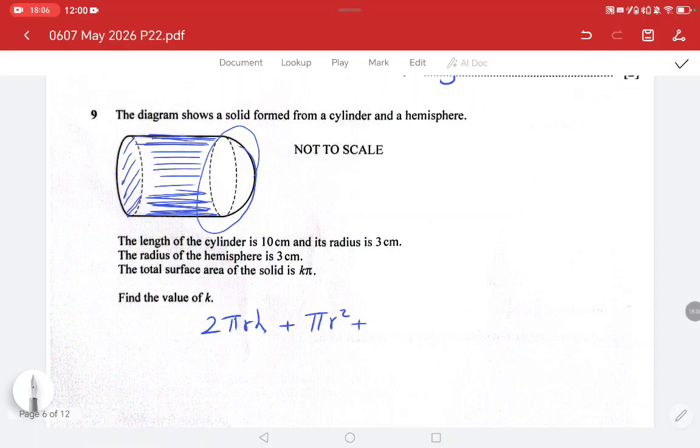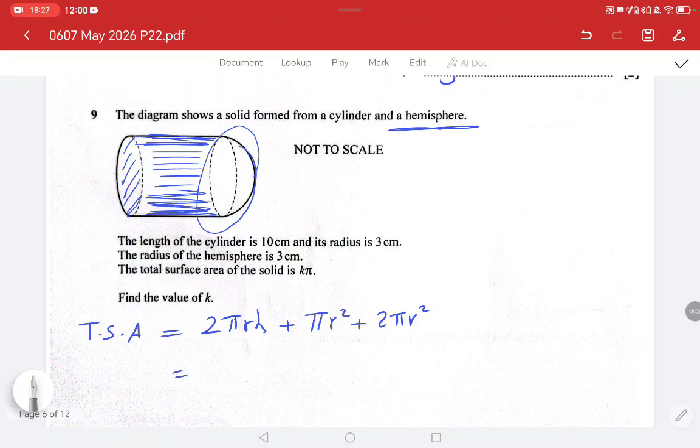This is actually a hemisphere. The curved surface area of a sphere is 4 pi r squared, so this one will be 2 pi r squared. So this is the total surface area.